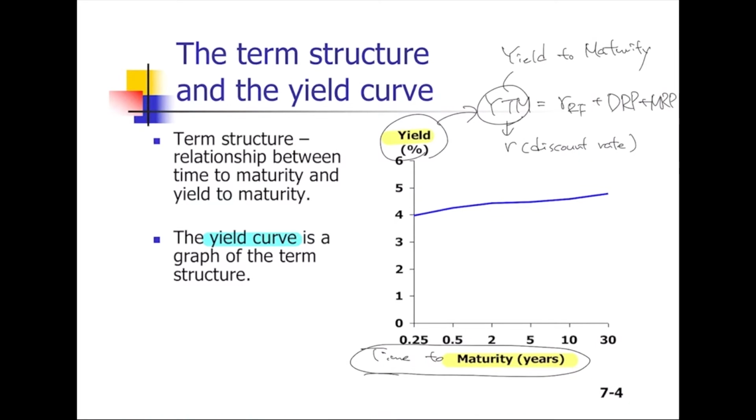As you can see, it has a positive slope, right? What does it mean? If the time to maturity is high, the yield to maturity goes up, right? What does this represent? This represents the maturity risk premium.